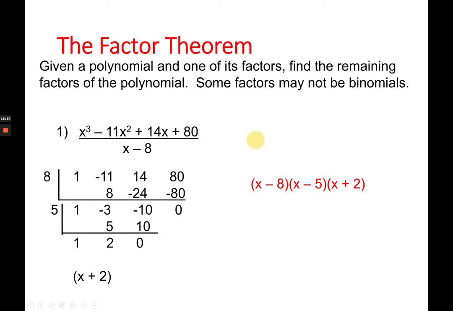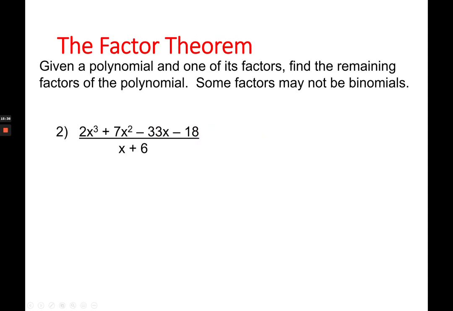Let's have your second and last example. To begin, let's test if indeed this is a factor, because if you perform synthetic division, you should end up with a 0 and not a number on the very last column result. Let's begin. You have negative 6, and then your coefficients are 2, 7, negative 33, negative 18.